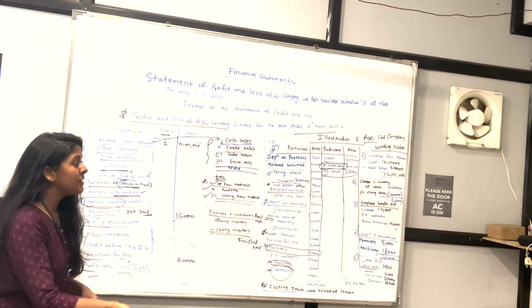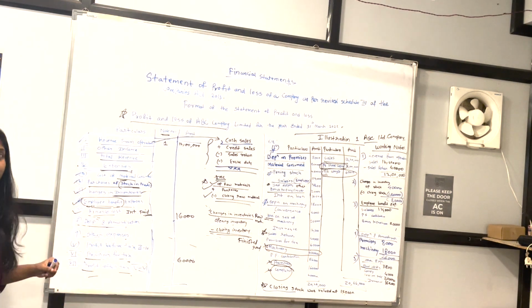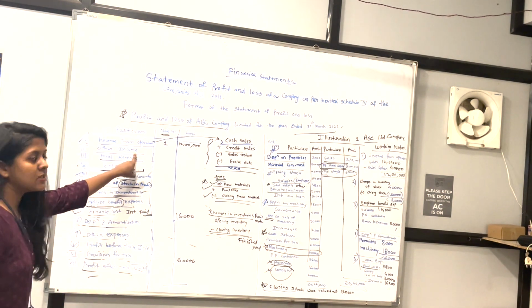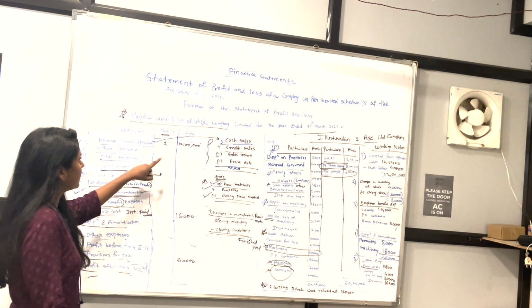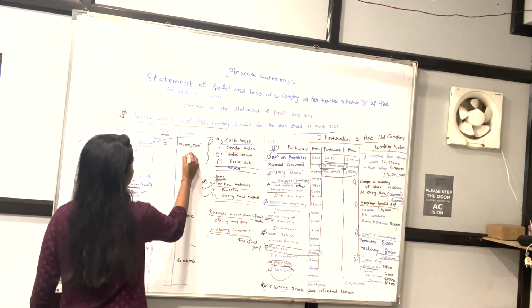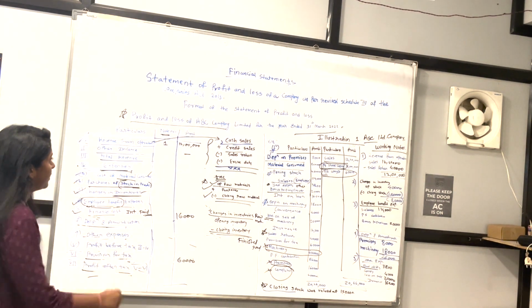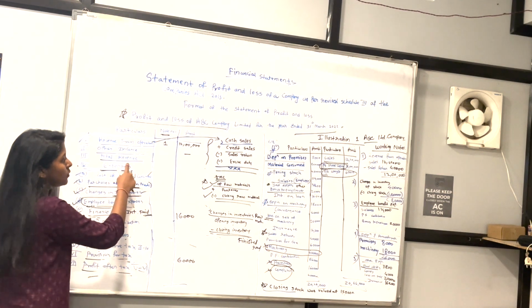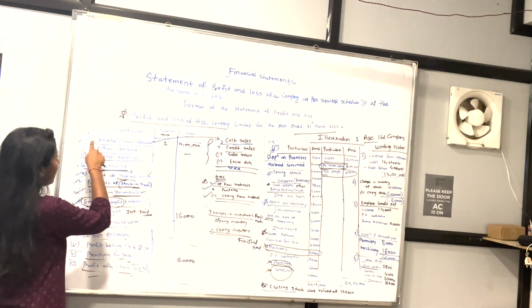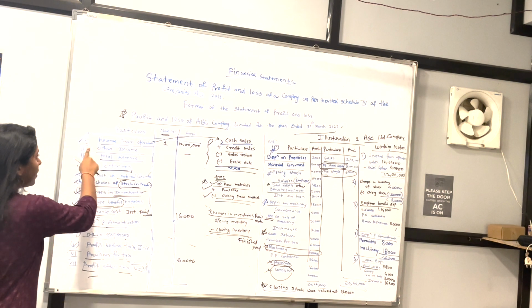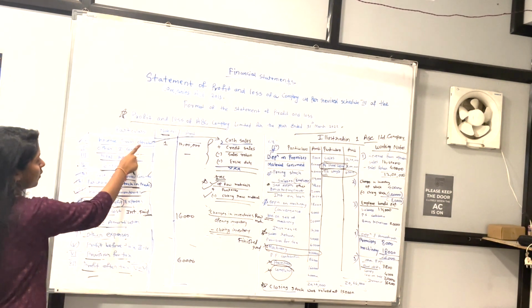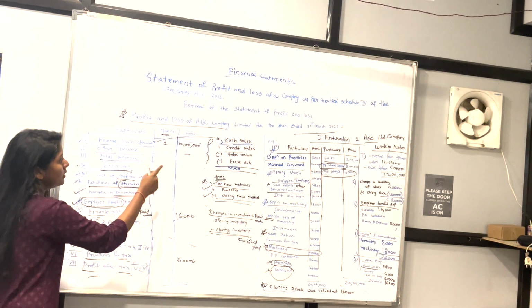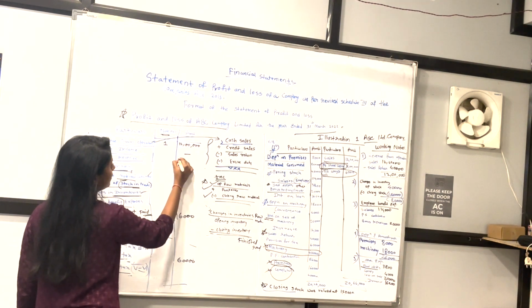Income which is other than revenue, other than sales, that is included in other income. So no other items are there, so nil. Then as I told you, what is included in total revenue? The total of revenue from operation and total of other income. So what is the total now? It's 12 lakh.